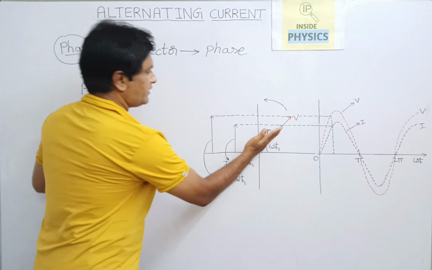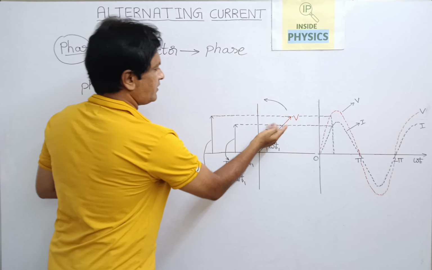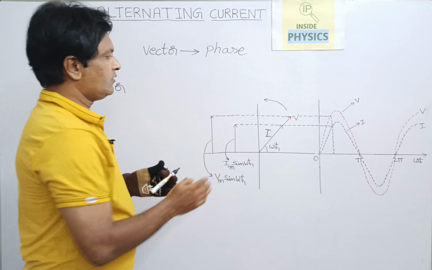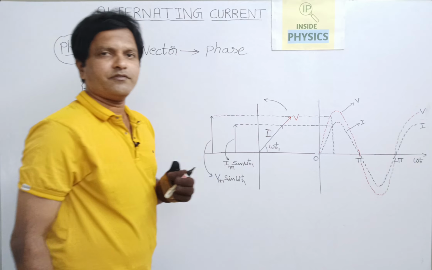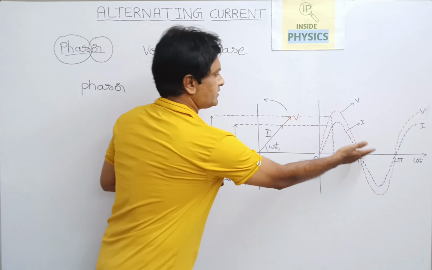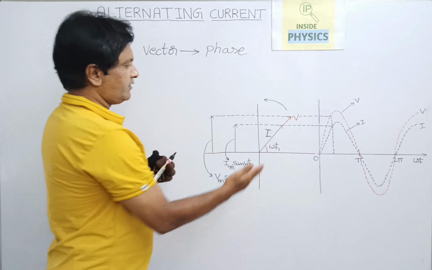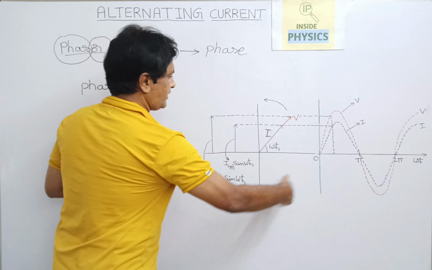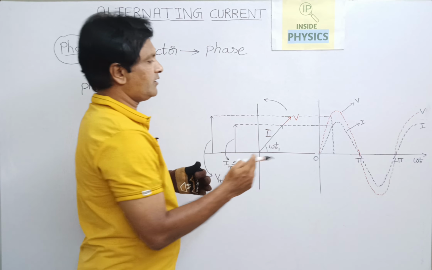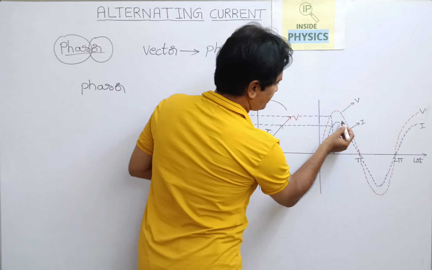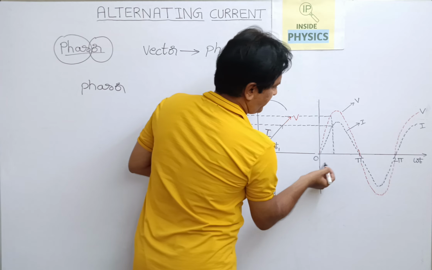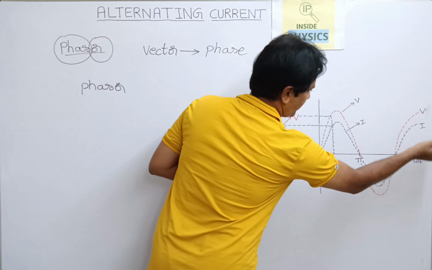When both vectors are rotating together, see what we get as a graphical picture, that is the second picture. When these two vectors are rotating like this, we get a graphical picture like this. This is the phase 0, pi, 2 pi and so on.